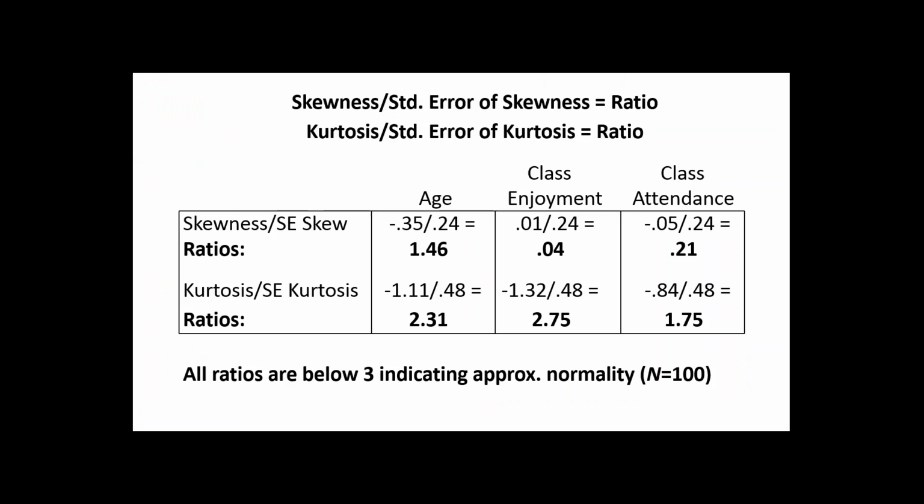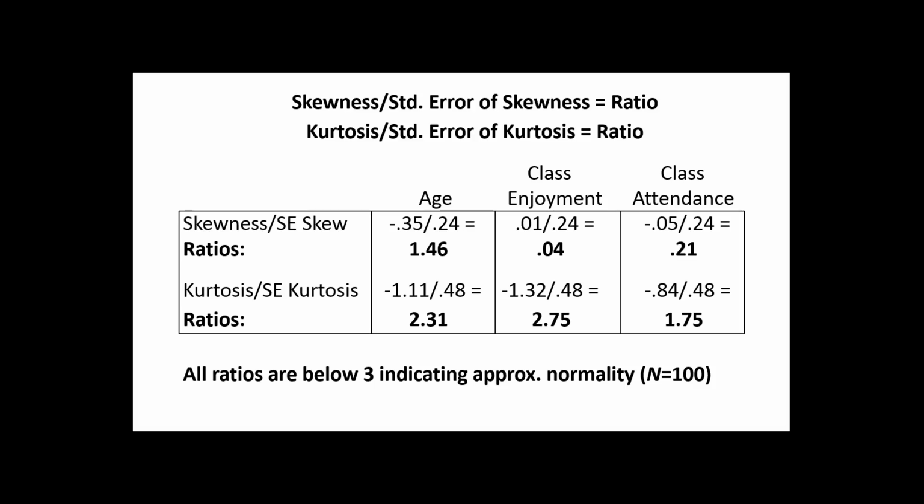So this is what that would look like. If we divide the skewness by the standard error of the skewness and the kurtosis by the standard error of the kurtosis, for each variable, we get a ratio saying how many times bigger the skewness or kurtosis is relative to the respective standard error.